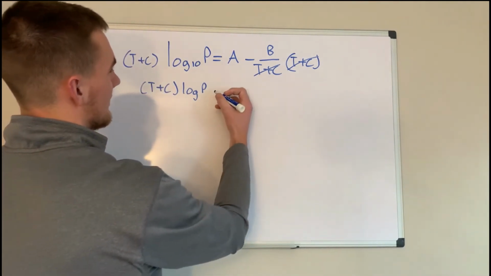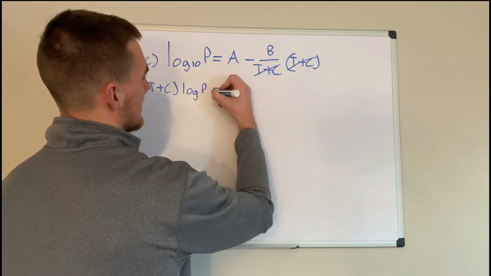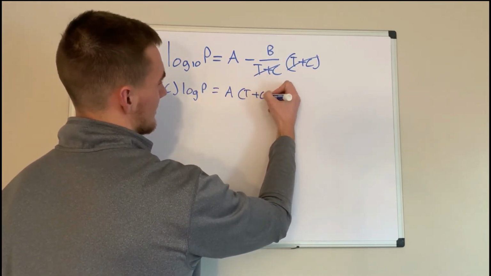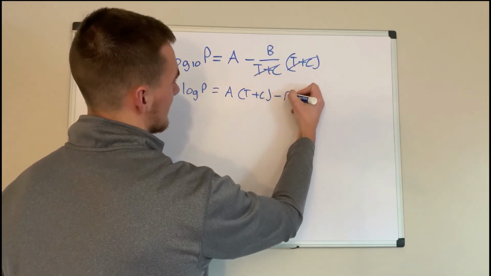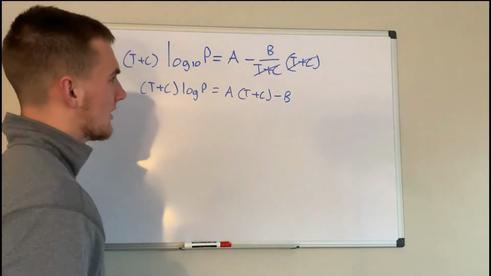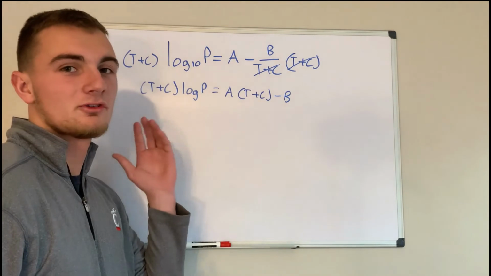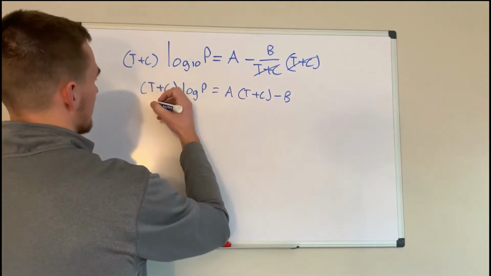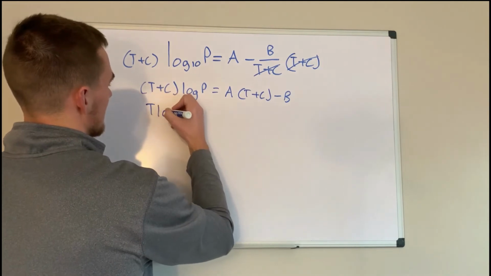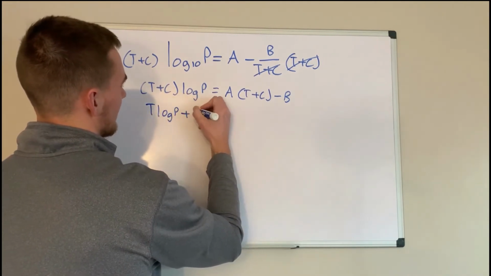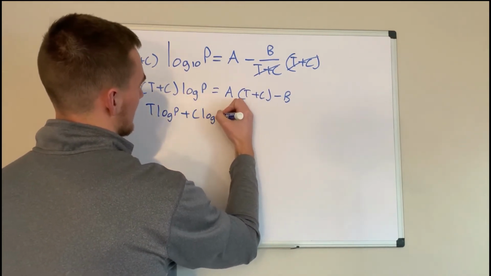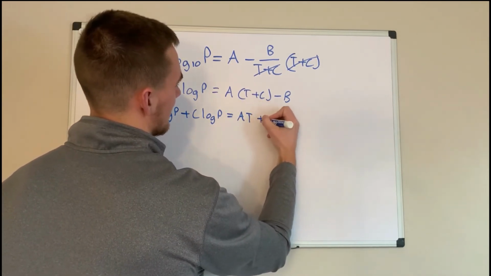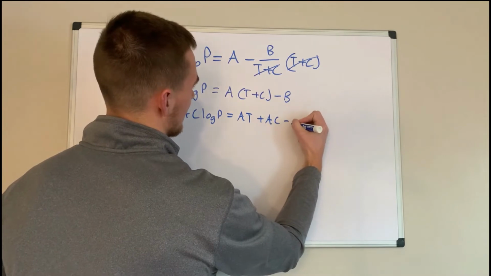So I have T plus C times the log of P equals A times T plus C minus B, since these two cancel out. So from here what I'm going to do is multiply the terms throughout the entire equation. So I will have T log of P plus C log of P equals AT plus AC minus B.